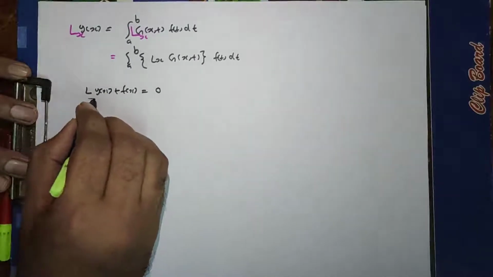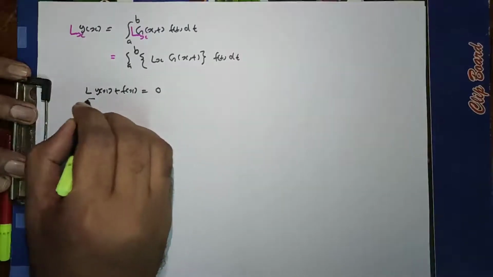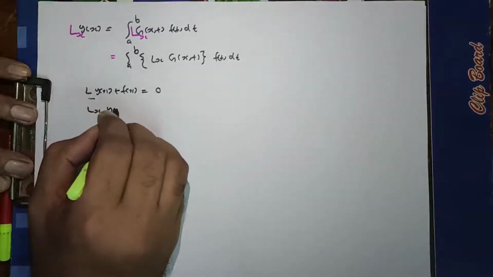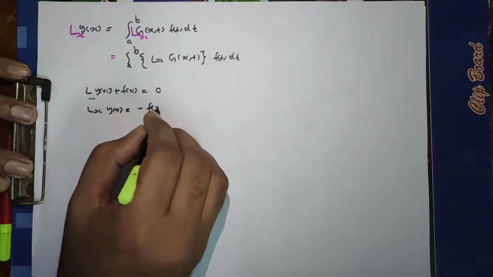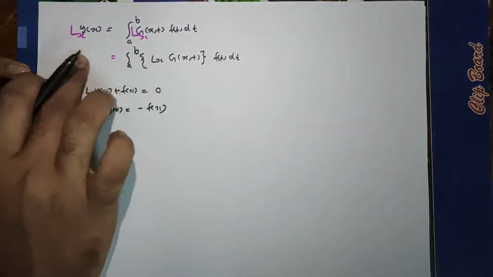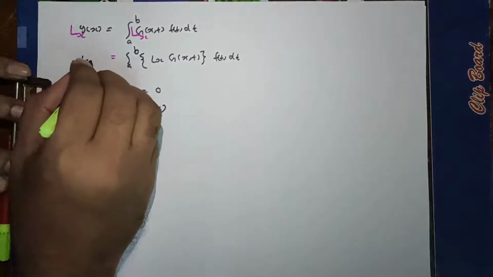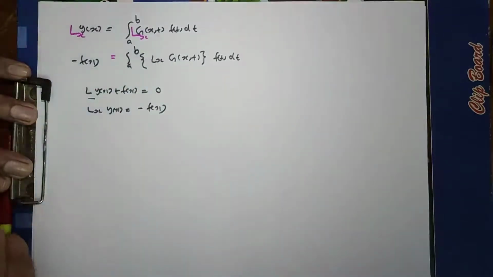So L x on y of x will be equal to minus f of x. So this side I have minus f of x. Minus f of x is equal to this much.